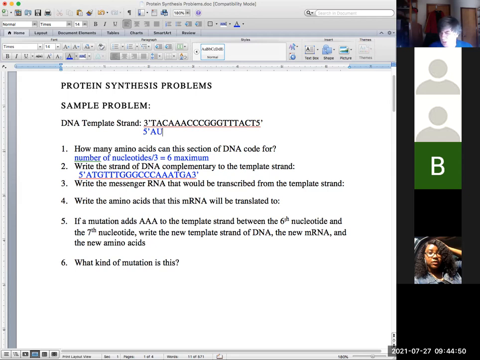The U. So it's going to be AUG, UUU, GGG, CCC, AAA, and then UGA. And then again, we're going to have the 3' end down here.